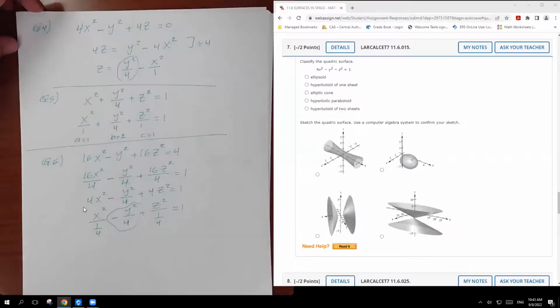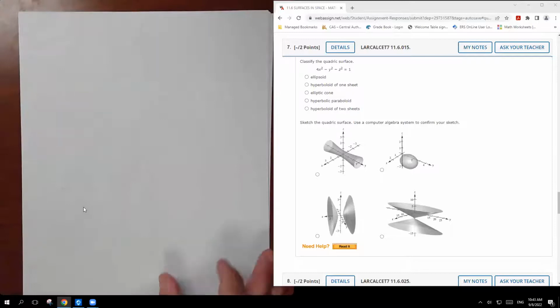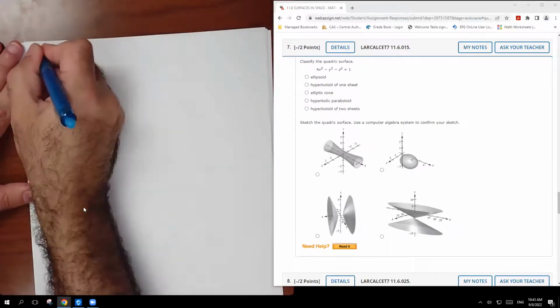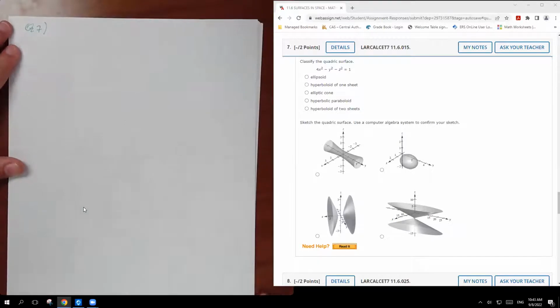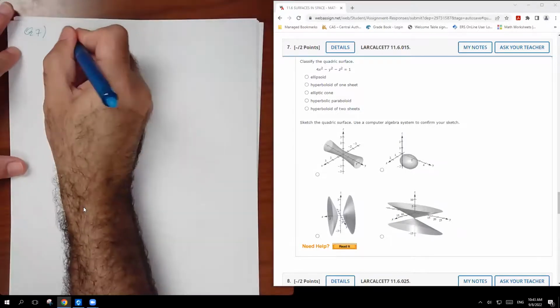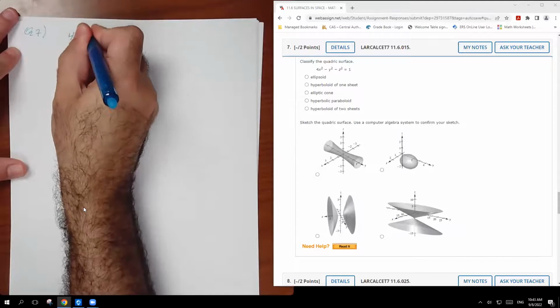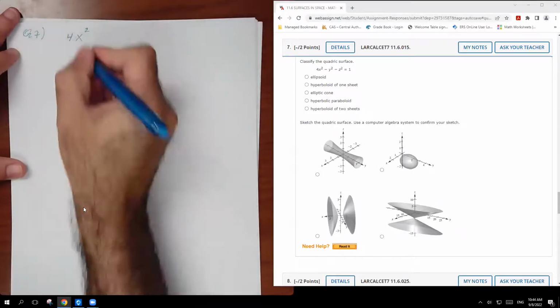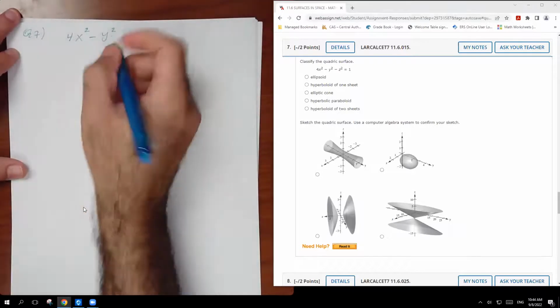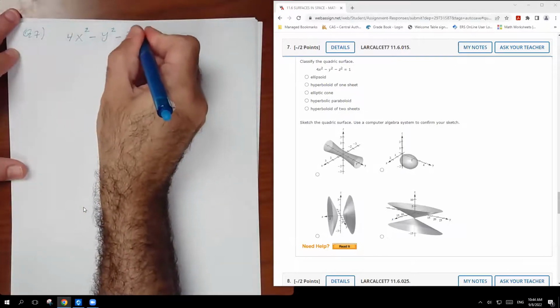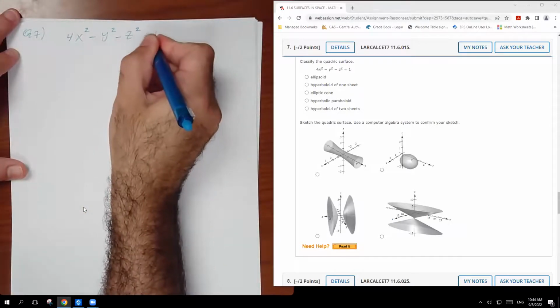So let's do example 7. Those are the important steps. 4x squared minus y squared minus z squared equals 1.